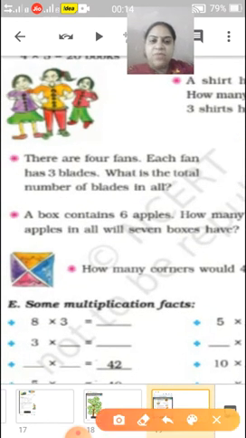There are 4 fans. Each fan has 3 blades. What is the total number of blades in all?